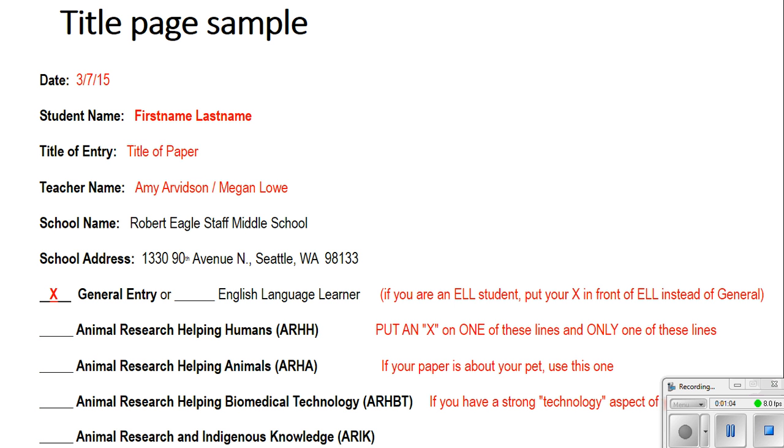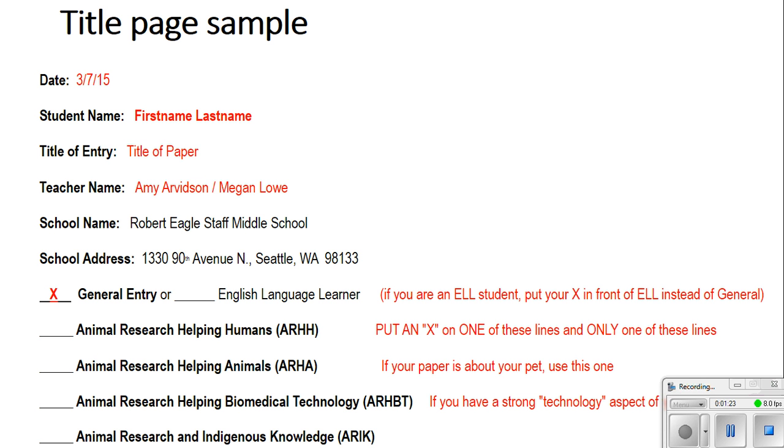You're going to pick animal research helping animals if you're writing about your pet and a medical condition it has. You're going to use animal research helping biomedical technology if there's a significant technology that you've written about.